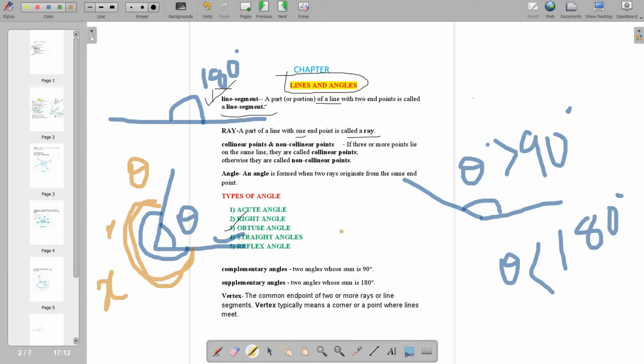A reflex angle is greater than 180 degrees and less than 360 degrees. This is called a reflex angle.